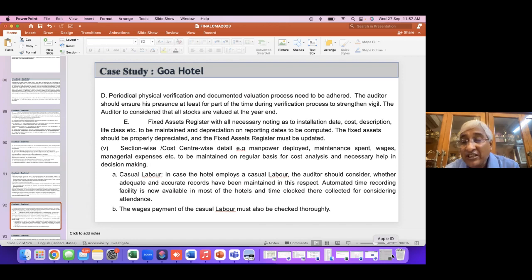As I mentioned, casual labor is a rare phenomenon in star hotels, but even if some cleaning operation, etc. is outsourced, there should be a proper time booking facility along with certification for the job with appropriate quality.